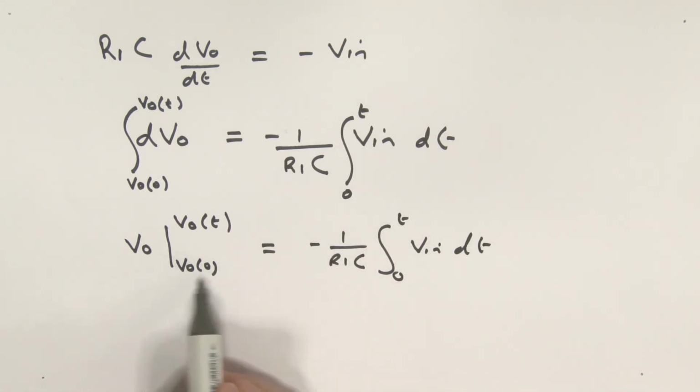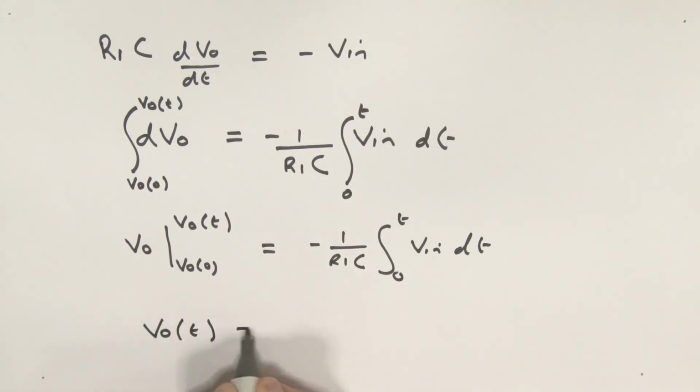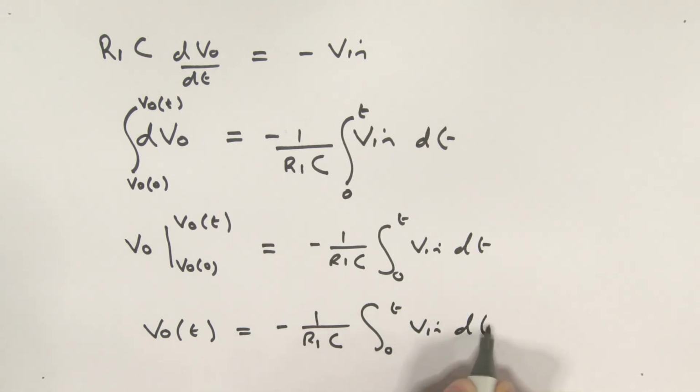If we assume then the value of VO at time 0 is 0, as we did before, then we can simply write this expression down as VO of t is equal to minus 1 over R1C integral from 0 to t V in dt. And so this then really is the same function that we had in the ideal case, except we've got that R2 resistor which stops that output going into a saturated condition. This is a practical version of that op-amp integrator.